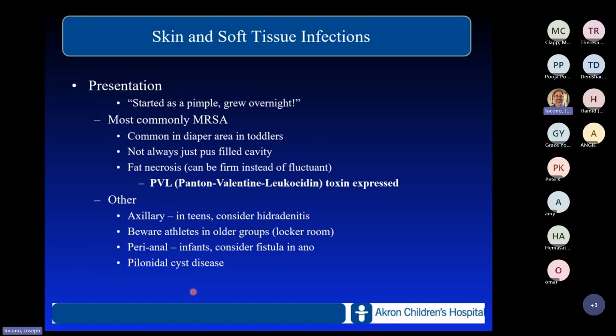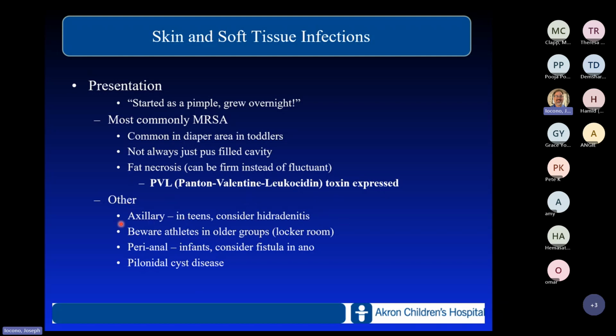Skin and soft tissue infections: something that is sometimes on the ABSITE is MRSA. Community-acquired MRSA has a toxin called the PVL toxin that causes soft tissue necrosis. That's the main thing, and we don't flame open, we put drains in.